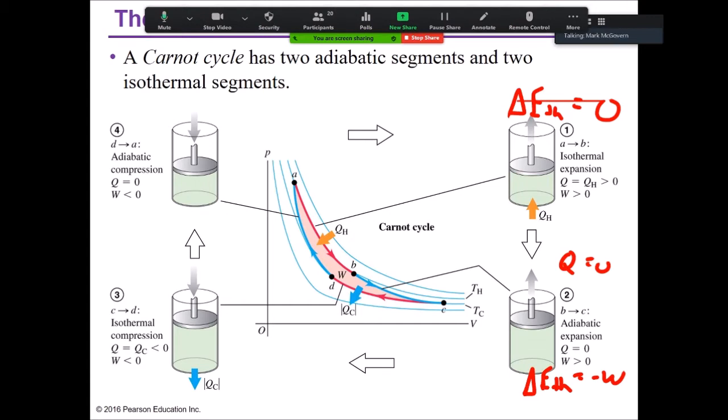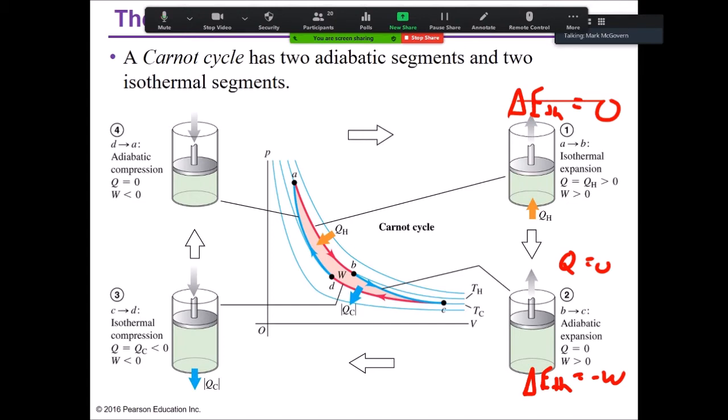Once we get to C, we're going to go through basically the opposite process now. We're going to have a compression, first an isothermal compression, and that's where heat will be drawn out as the volume goes down. And that's what our QC is going to be. And then when we get up to part 4 here, when we go from D to A, we have an adiabatic compression where, again, Q is 0 in that process.